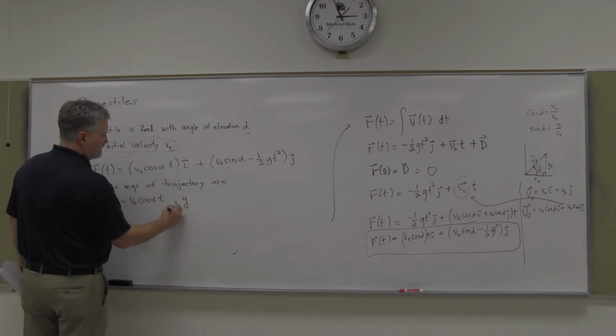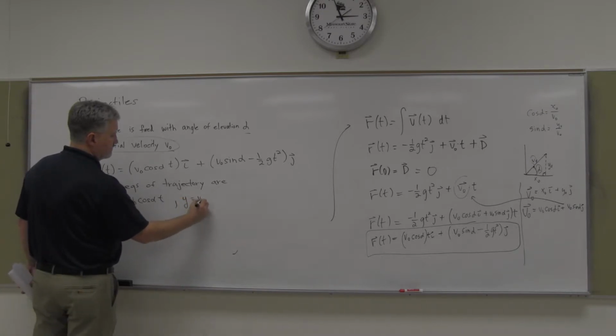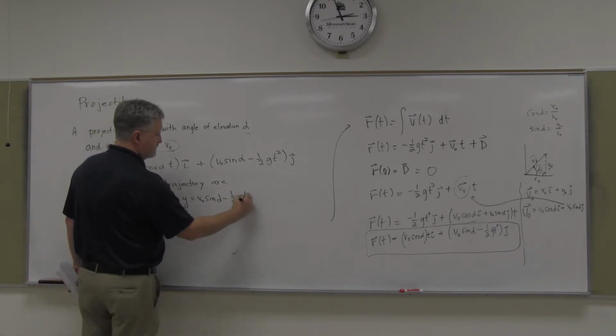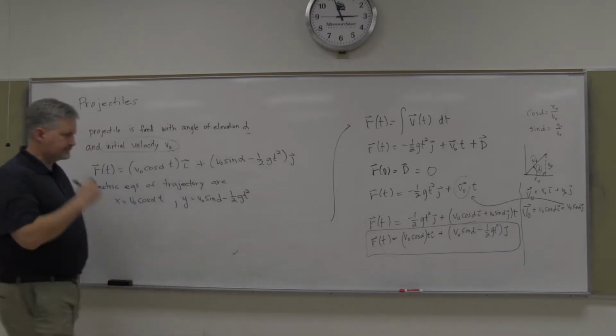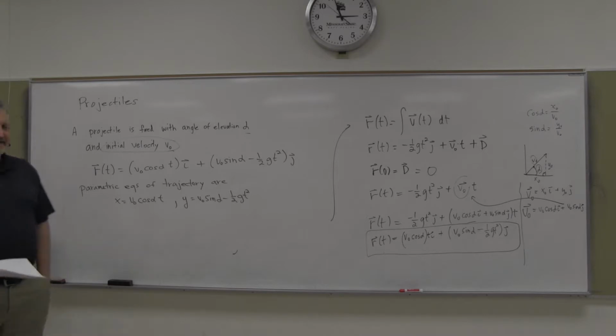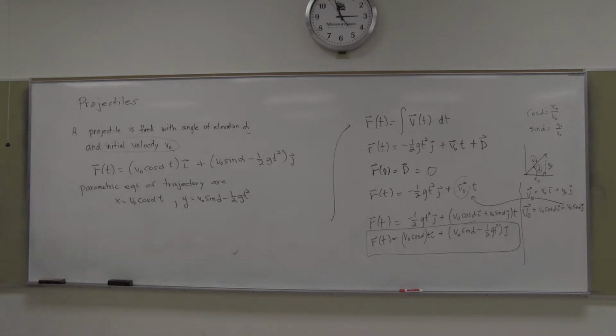And then y is v0 sine alpha t minus 1/2 g t squared. So calculus gives us these particular equations.